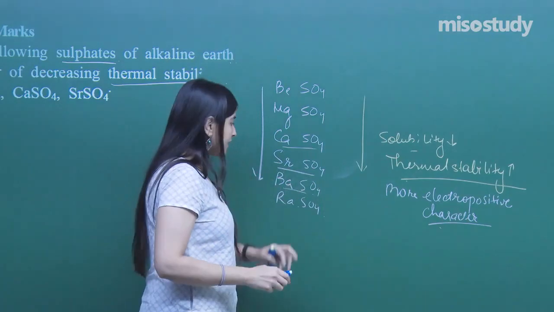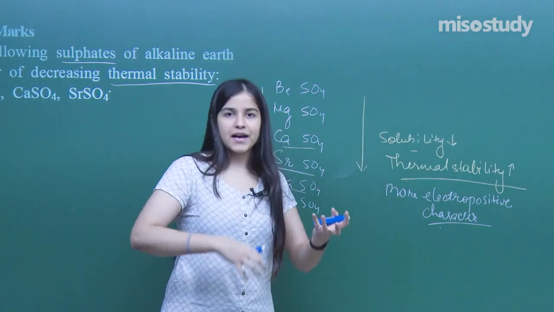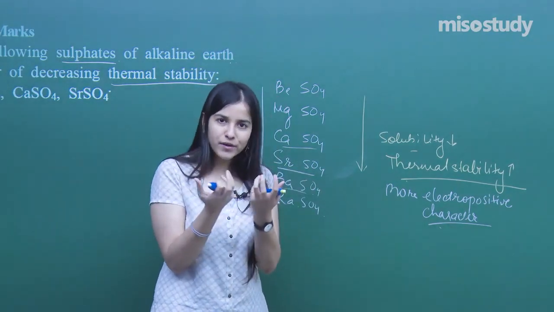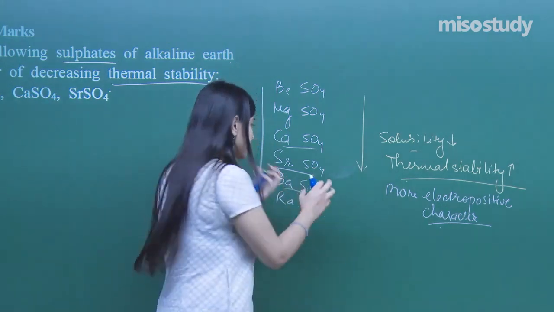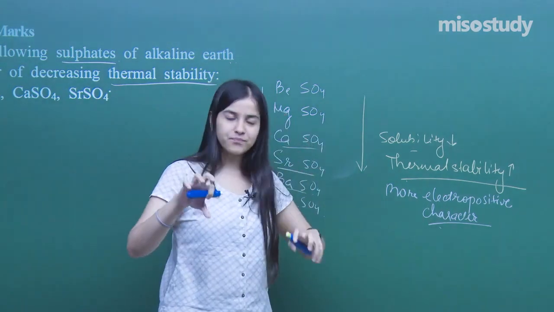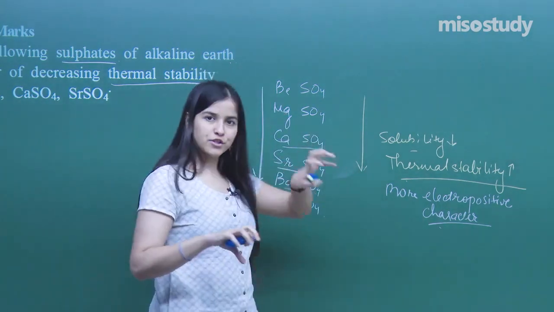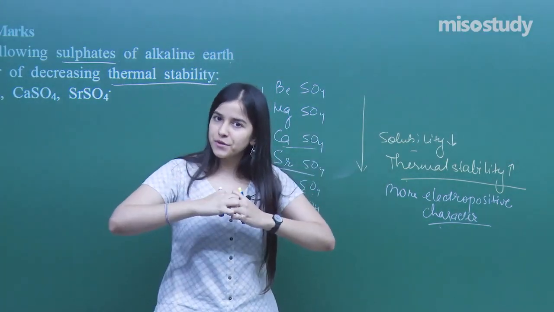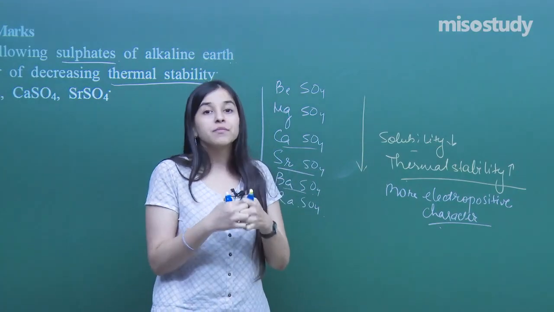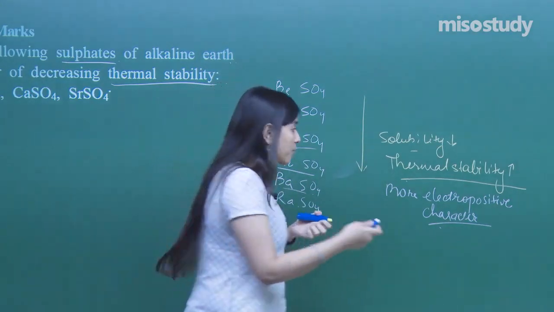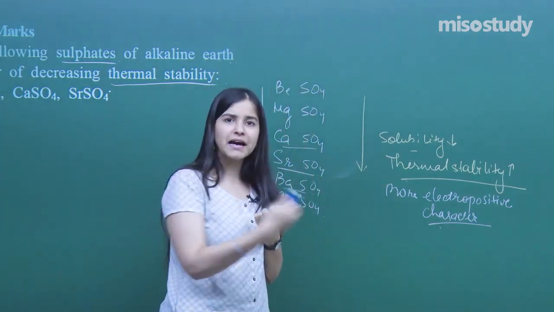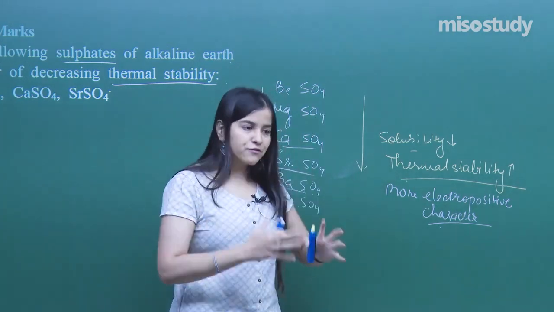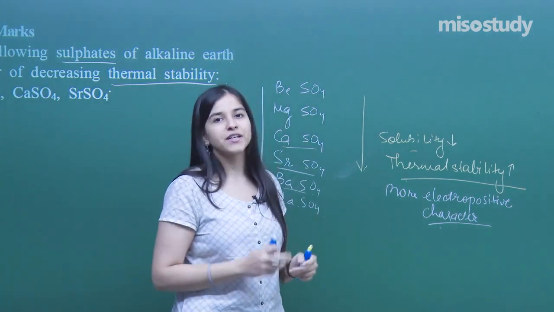Bigger the anion and bigger the cation, there will be a very good interaction between the two. So sulfate is itself a bigger one, and we get, let's say, barium, it's also a bigger one. So bigger and bigger will be a very good interaction in between. So due to this, they will be thermally stable. That means upon heating, they will not just like that dissociate. We will have to provide a lot of heat to dissociate them.